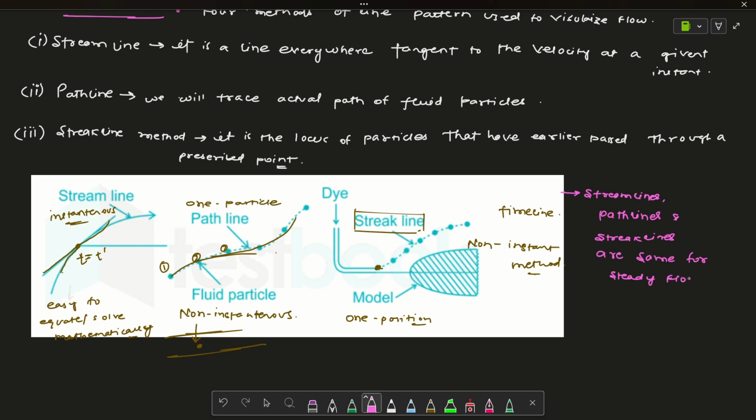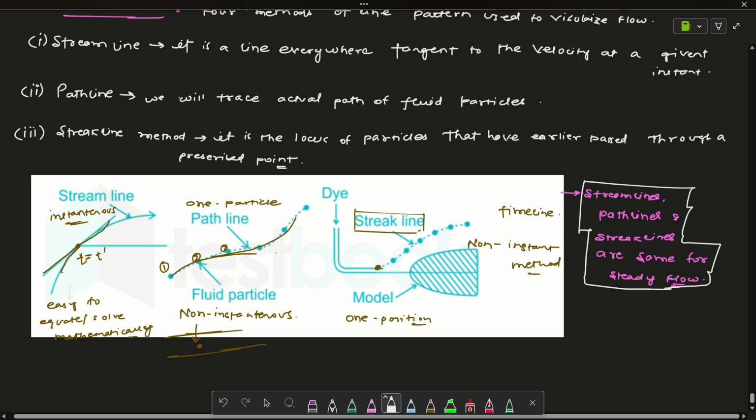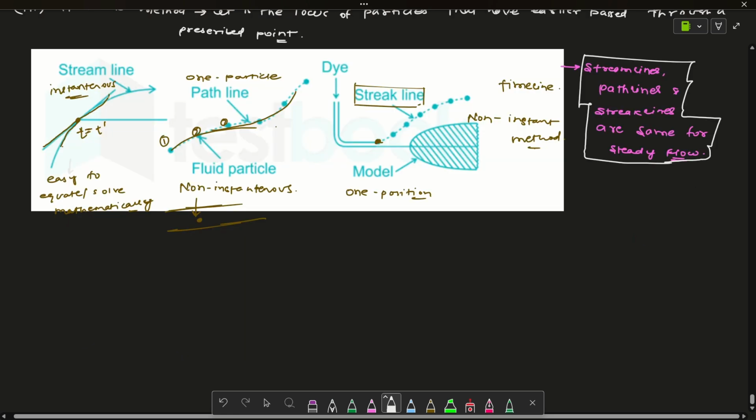Whenever there is a steady flow, all these three are the same. If you observe any one particle or many particles, you will get the same thing in case of steady flow. Steady means it is flowing in the same manner over time. So it doesn't matter whether it's an instantaneous or non-instantaneous process, or whether we are observing one particle or more than one particle. That's why all these are the same.